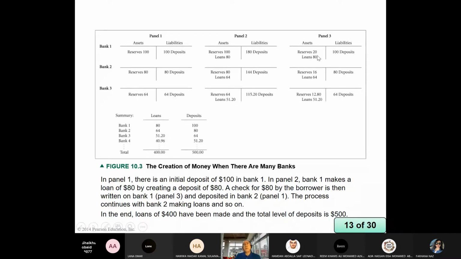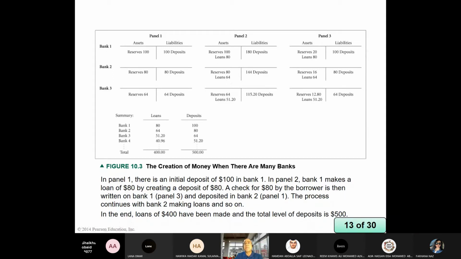Lana withdrew the money and she has an account in another bank, bank 2. So she deposits 80 dirhams. In the same procedure, the bank gave a loan of 80 times 0.8 equals 64. So the bank gave a loan to Farhana worth 64 dirhams.